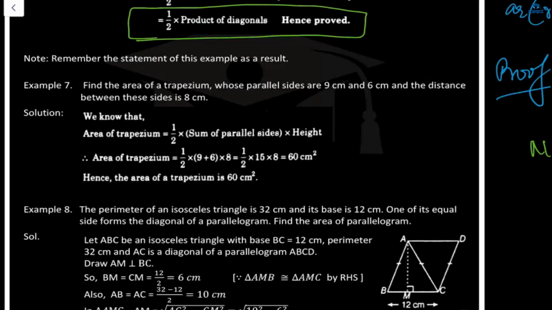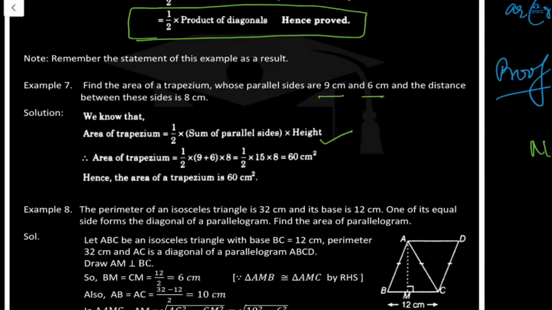So half into 9 plus 6 into 8, and then you get your final answer, 60 centimeters square. Very good. You just have to apply the formula. The formula of the area of a trapezium is half into sum of parallel sides into height. The parallel sides are given as 9 centimeter and 6 centimeter.